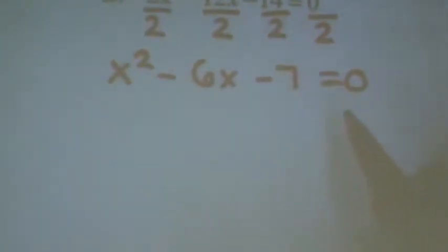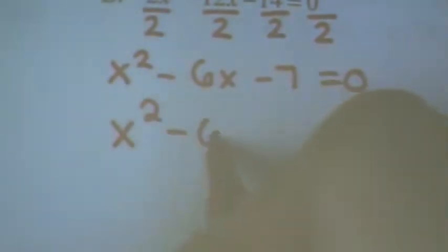Move the constant to the other side. For A, the constant is on the other side, but for B, where's the constant? It's on the left, so you're going to move it to the other side and you get x squared minus 6x equals, good job. And how about letter C? Move the constant to the other side, what do you get?